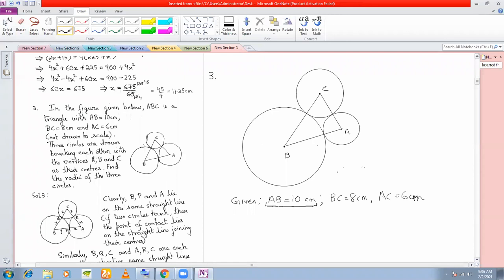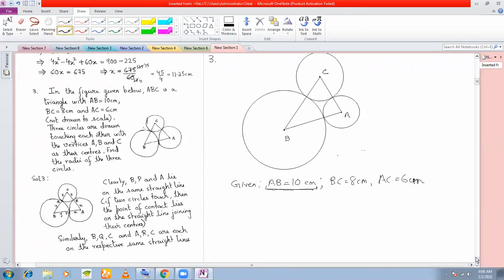Clearly, what you can say is that BC is a straight line. Similarly, AB is a straight line and AC is a straight line. And why?